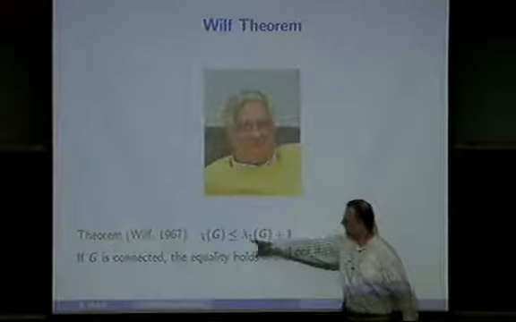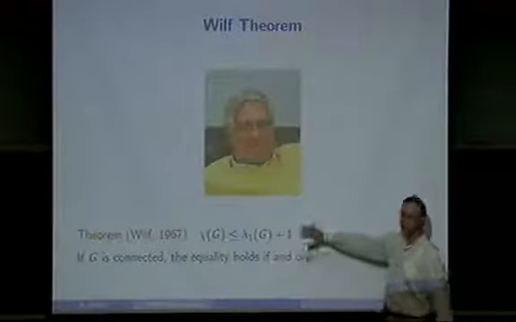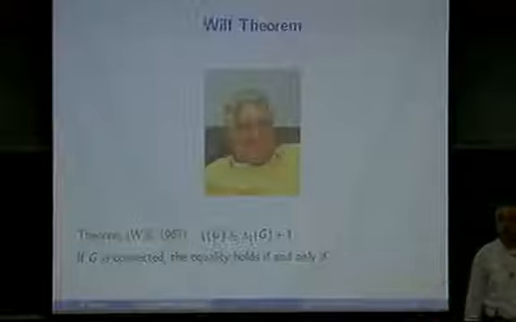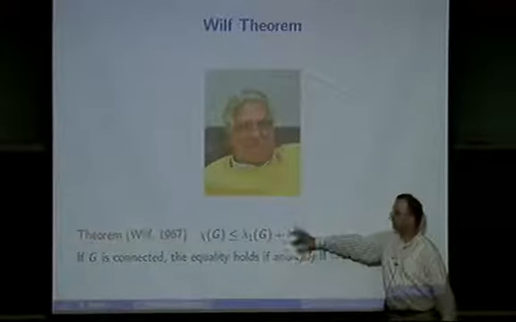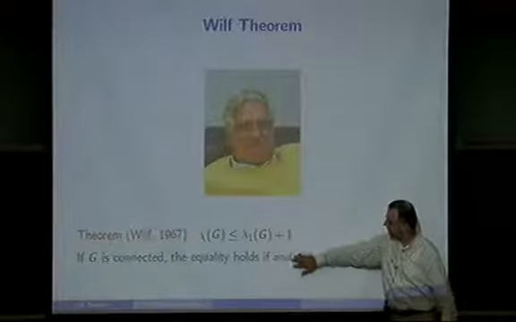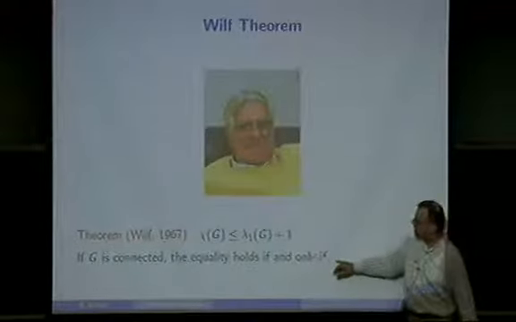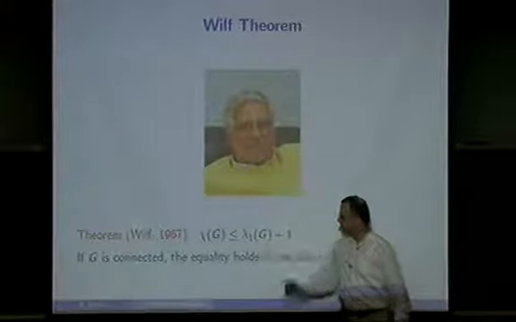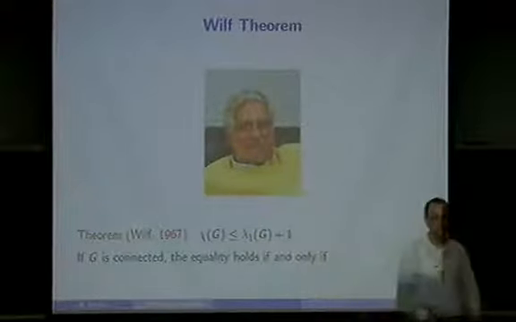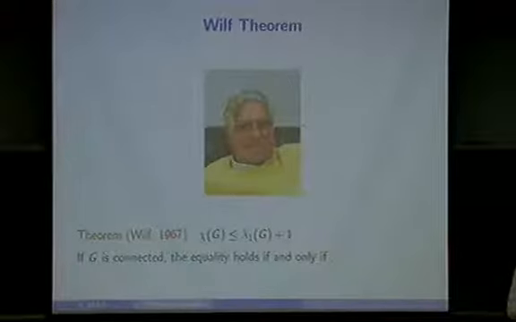If you had a delta here, the maximum degree, this would be the easy part of Brooks' theorem. And the less trivial part of Brooks' theorem also goes with Wilf's theorem. If there is equality, then you get one of the graphs from Brooks' theorem: a complete graph or an odd cycle.